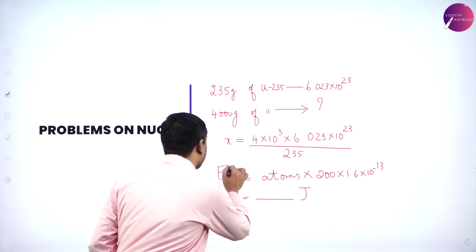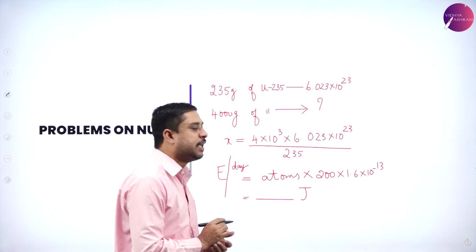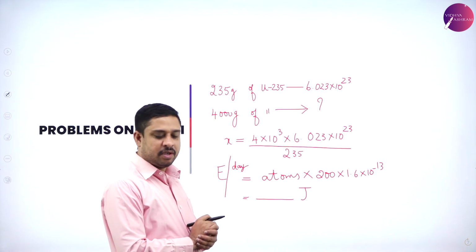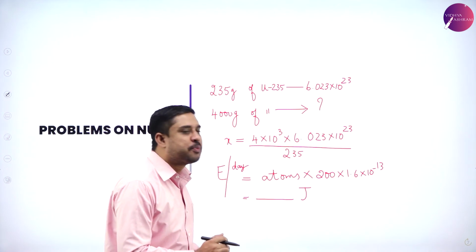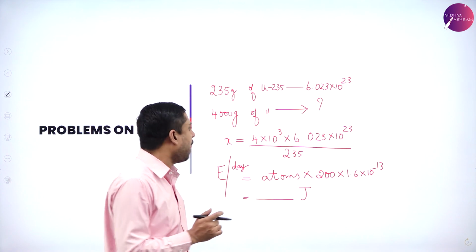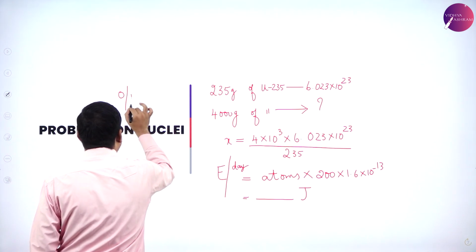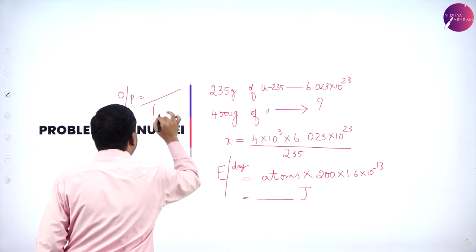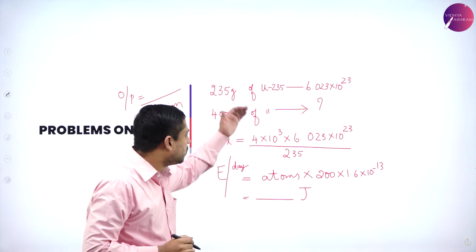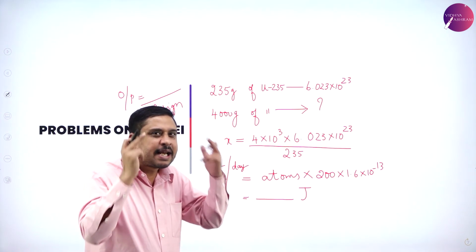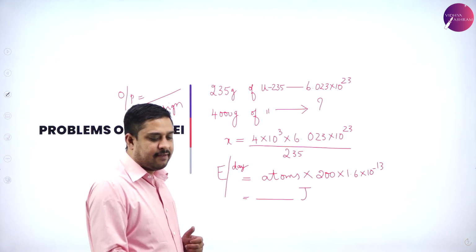So this gives you energy released per day. So what will be the power output? So the power output has to be calculated. This will be an assignment for you all. I've given you the key steps. The last step, think over, go to the definition of power, you will arrive at the answer.